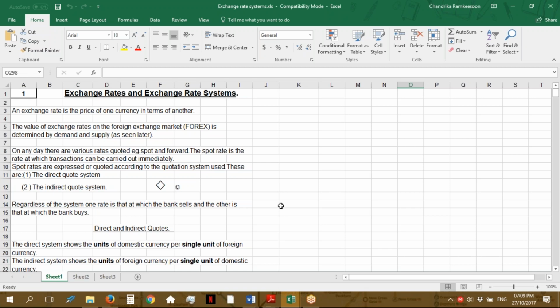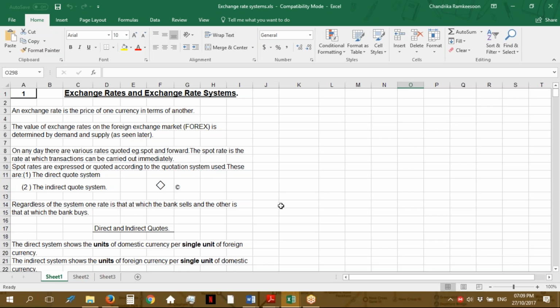For example, if a UK firm buys goods from a US firm and is invoiced in dollars, which means the UK firm has exchange rate risk, let's say the invoice has to be settled in 3 months' time. Then you have to know what is the selling rate and what is the buying rate.